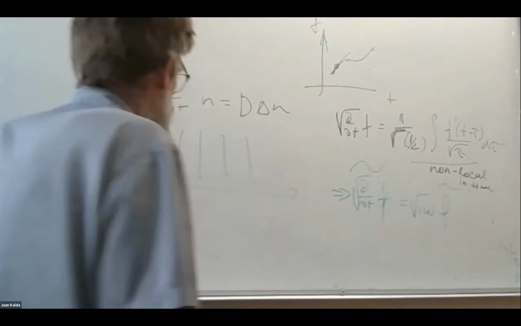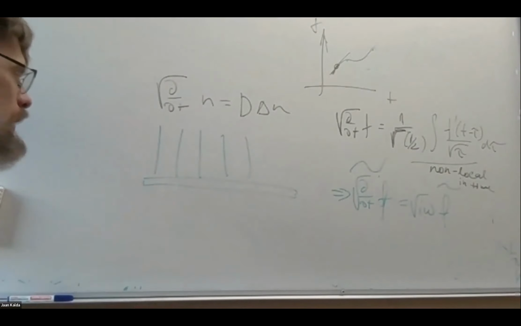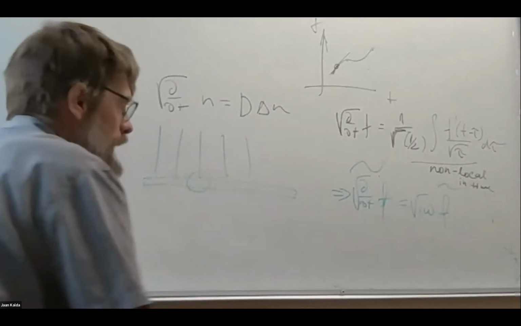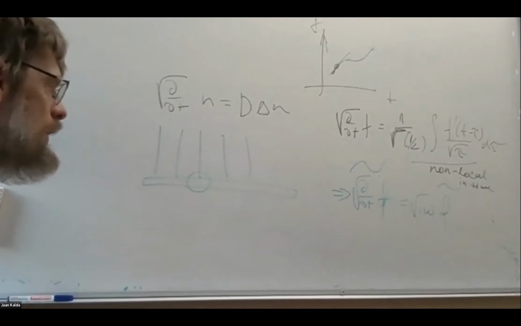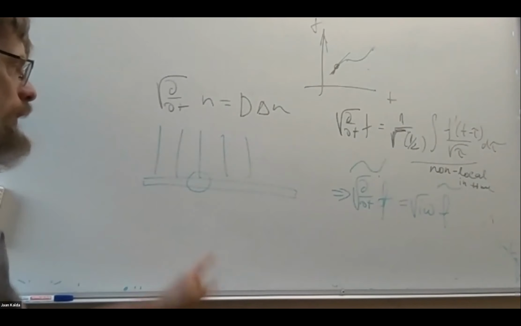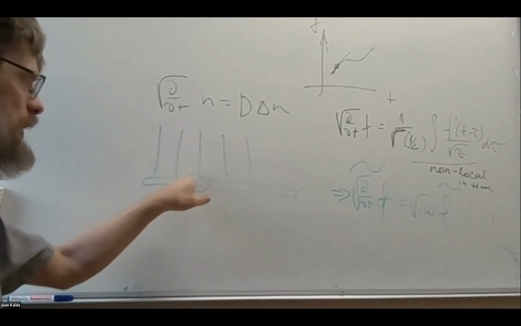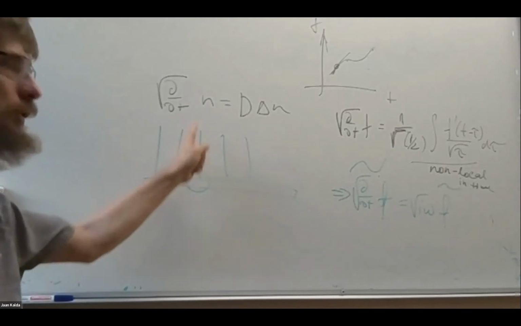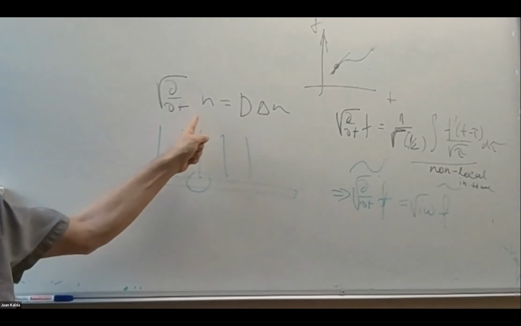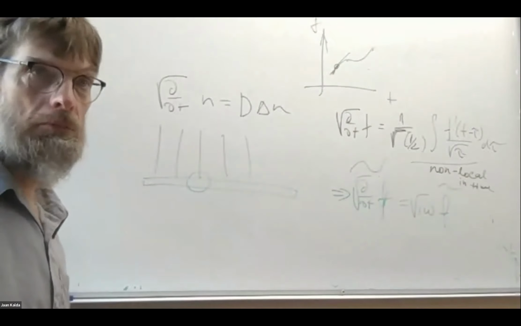Now we try to write a continuity equation for this certain range over here: how much the concentration changes here is given by how much comes in, how much goes out, and how much goes into the dot.